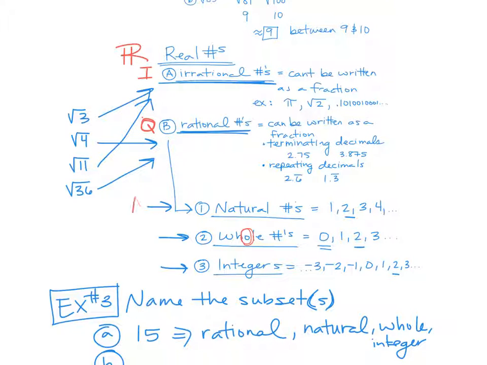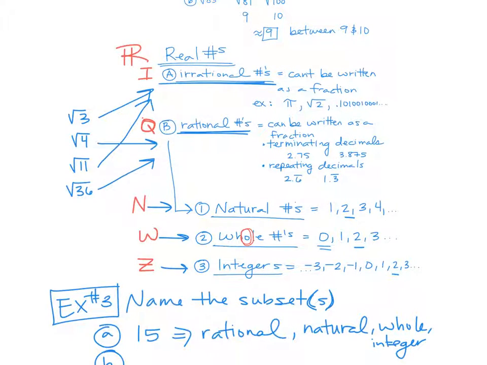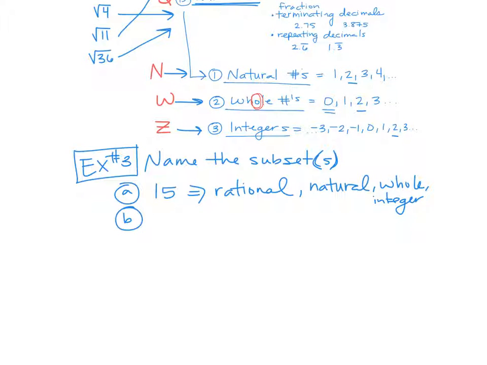Natural is N. Whole is W. And integer is Z. I don't know why Z. Can't do I because it's irrational, so they picked Z. So if you want to use letters, that's fine as long as you know what those letters stand for. Okay? If you're not comfortable, then just write them all out.